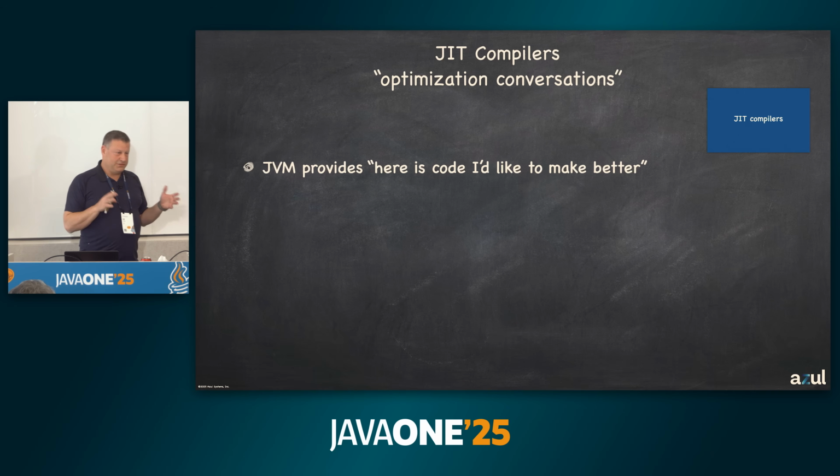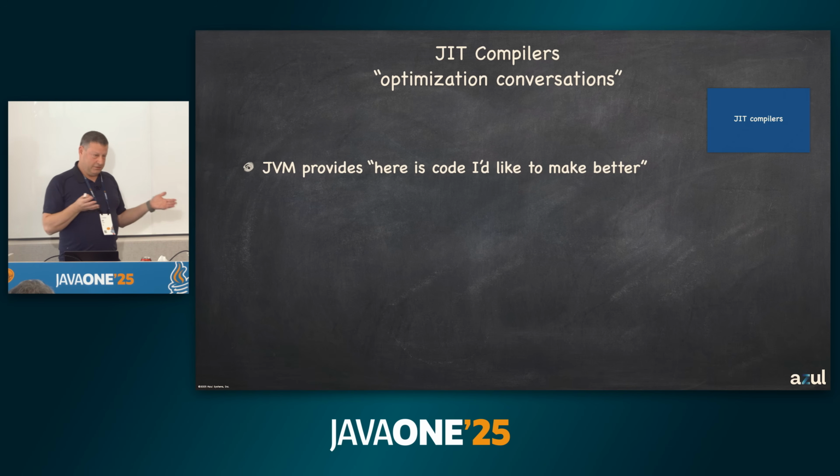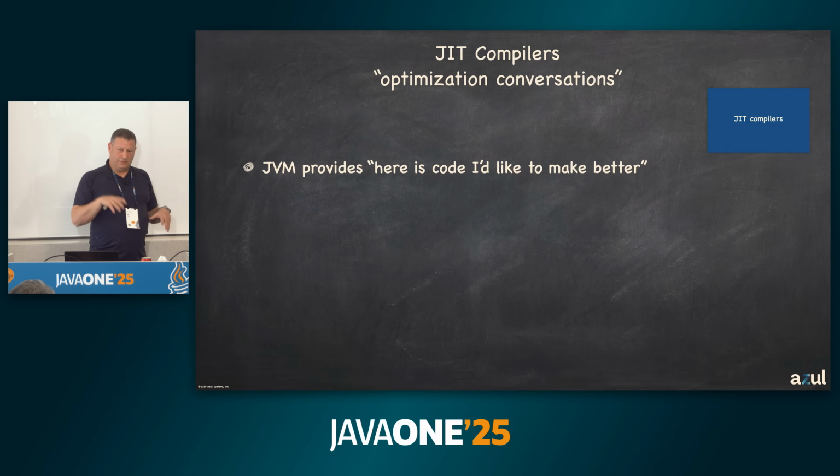Now, the reasons for doing it are up to the JVM. The JVM might decide that it's seen this code run 1,000 times, maybe it could be better, maybe 10,000 times. Or maybe some events happened that made other code not valid, so we should do this again. Why the JVM asked to make the code better doesn't matter.